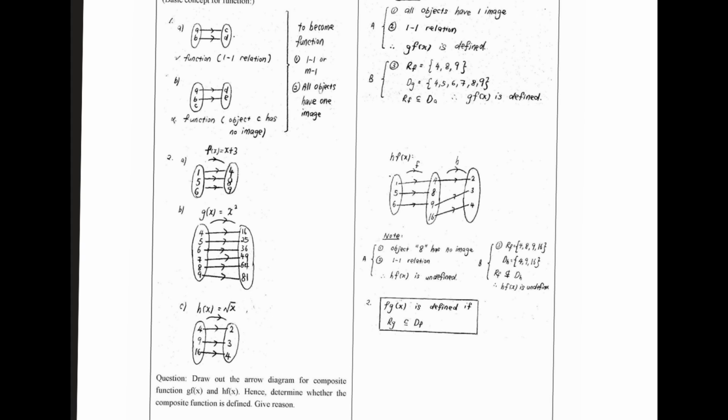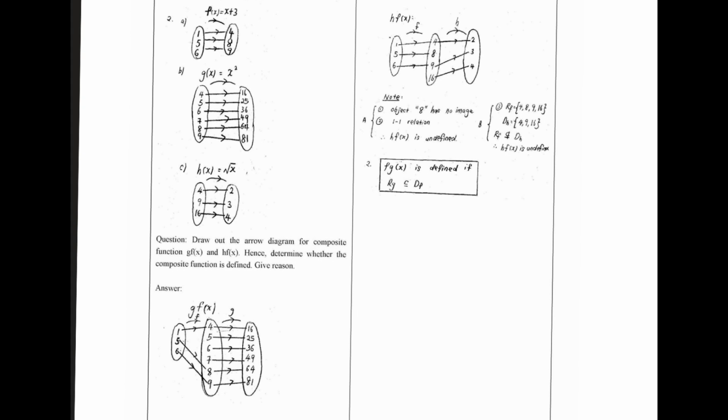Now let's move on. The next part. The question is, draw out the arrow diagram for composite functions g(f(x)) and h(f(x)). Hence, determine whether the composite function is defined and then give reason. Okay, now we look at the answer straight away.